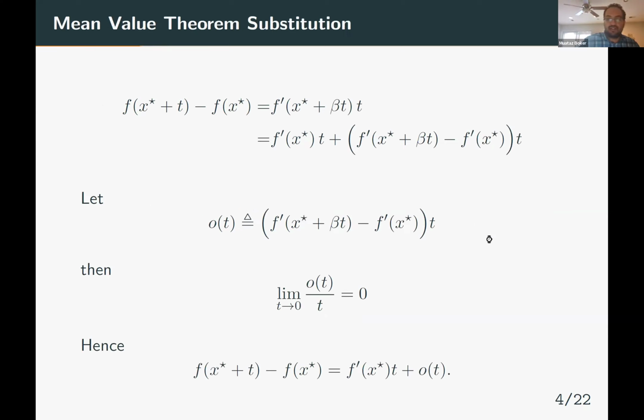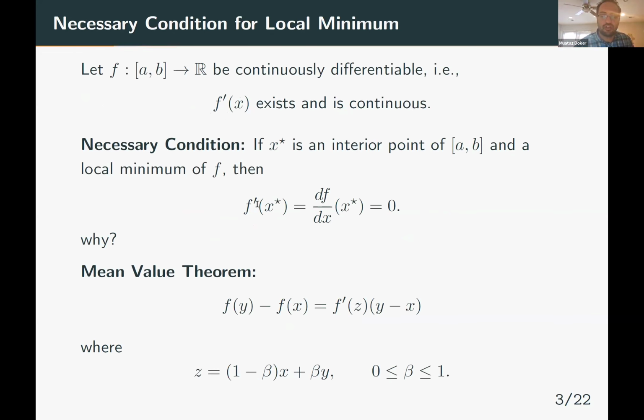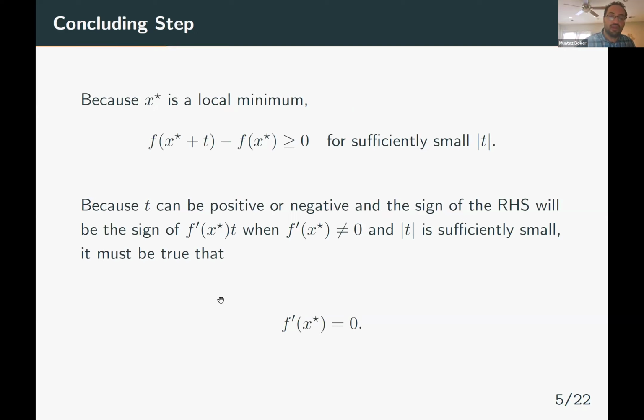So what I'm trying to say here is that if you divide both sides by t and take the limit as t goes to 0, or when considering t very small, you will see that at the local minimum, f prime of x star should be equal to 0.